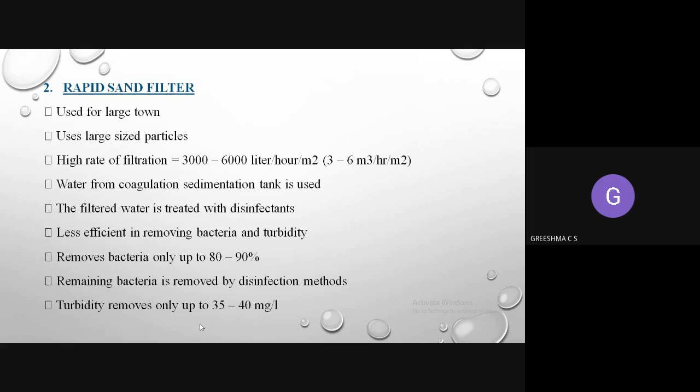You can use chlorine, ozone, or different types of disinfectants like that. Turbidity can be removed only up to 35 to 40 mg per liter.